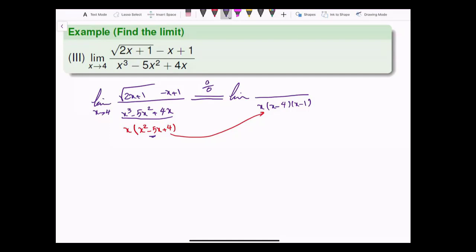What you need to do, this is the first step, is multiply by the conjugate. The conjugate of root 2x plus 1 minus x plus 1 is root 2x plus 1 plus x plus 1. We multiply numerator and denominator by it, as x goes to 4. Very nice.